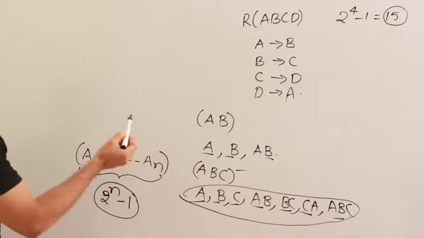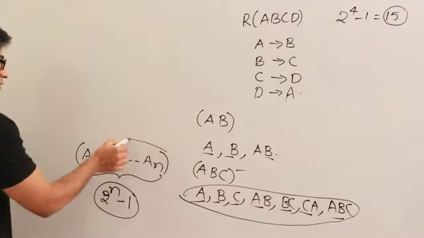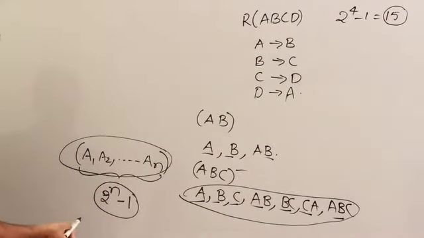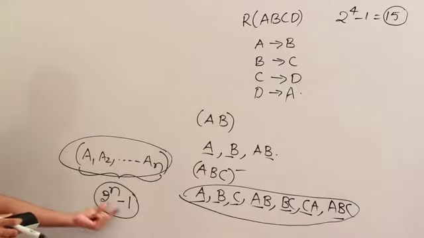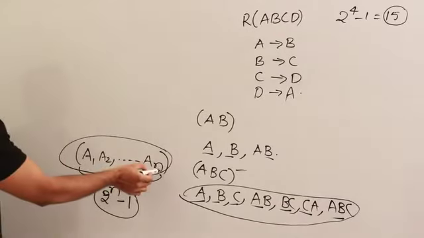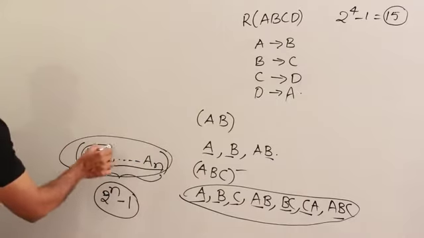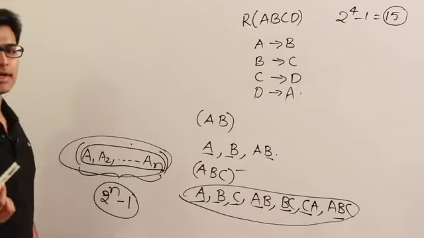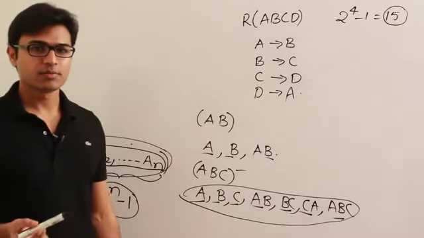Now for this particular table, is there a guarantee that at least one of these combinations turns out to be a candidate key? There is definitely a guarantee. And what is that candidate key? If you don't find any candidate key, you take the combination of all the attributes and that is supposed to be a candidate key, in case you don't find anything else. How is it possible?